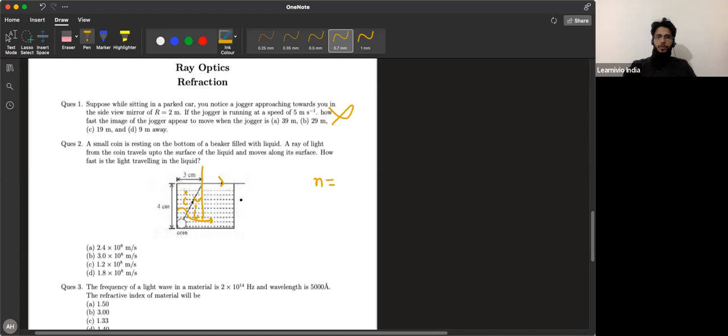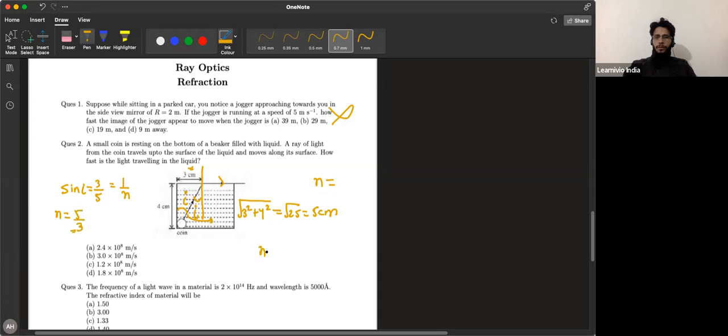So that will be root over 3 square plus 4 square, 16 plus 9, root over 25, which is equal to 5 centimeter. So you can calculate sin I from here. Sin I is perpendicular upon hypotenuse, so that's 3 by 5. Sin I is 1 by n. So you can write that n will be 5 by 3. This is the refractive index.